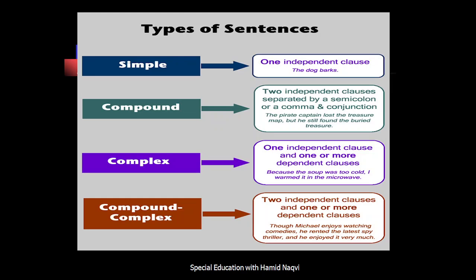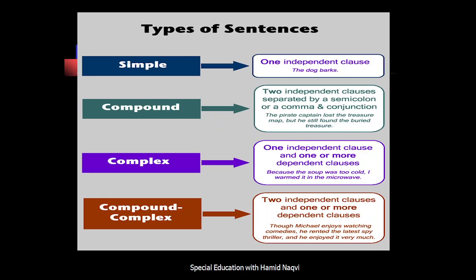Example is given: because the soup was too cold, I warmed it in the microwave. I warmed it in the microwave, that is an independent clause. Because the soup was too cold, that is a dependent clause. Compound complex, this is the 4th type. In this, 2 independent clauses and one or more dependent clauses.